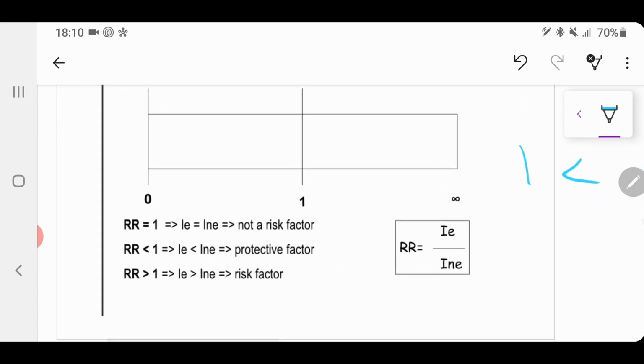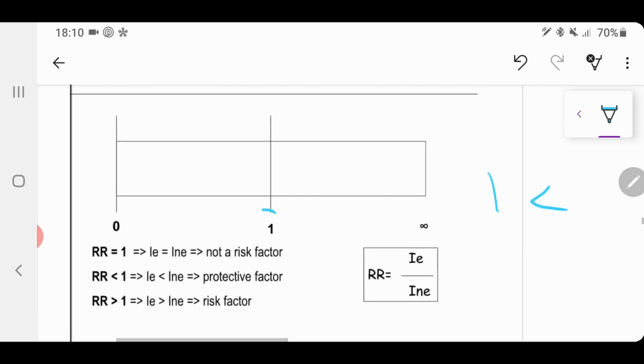However, if we have a relative risk value of 1 exactly, that risk factor is not protective and it's not destructive. All right, so let's say I drink 4 glasses of water a day. If I drink 4 a day, I'll get a relative risk factor of 1.